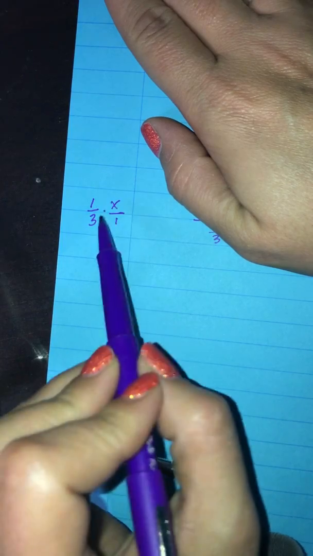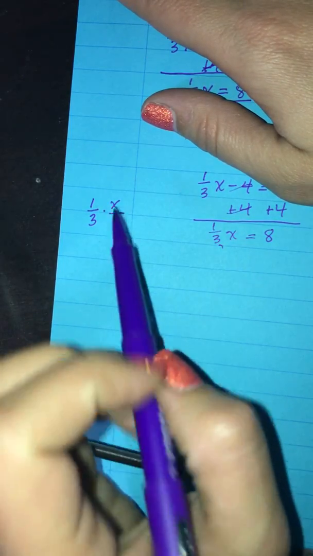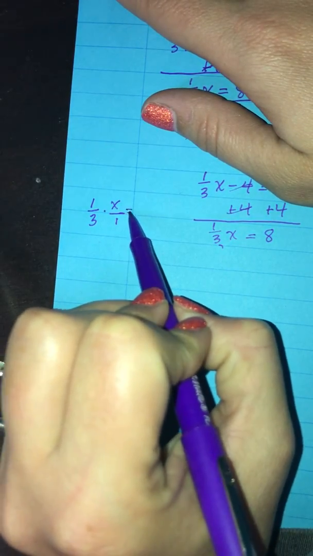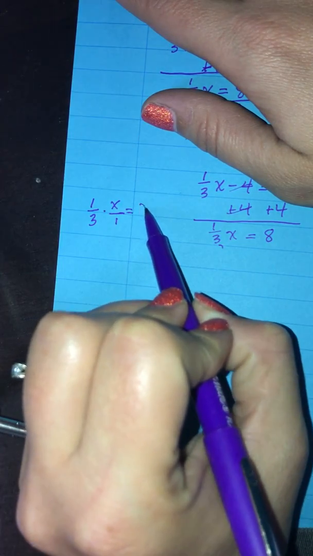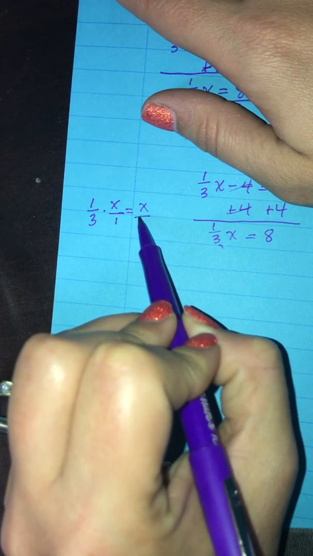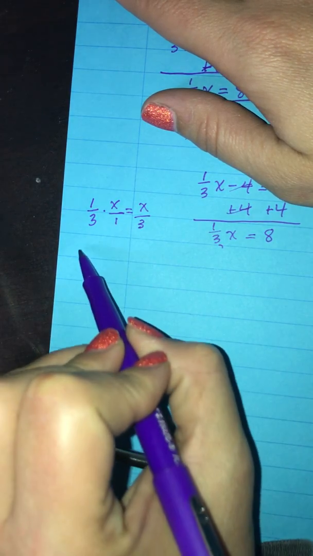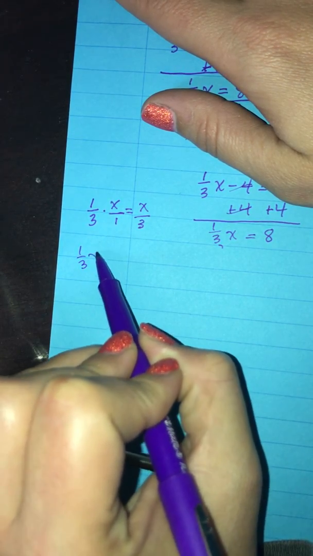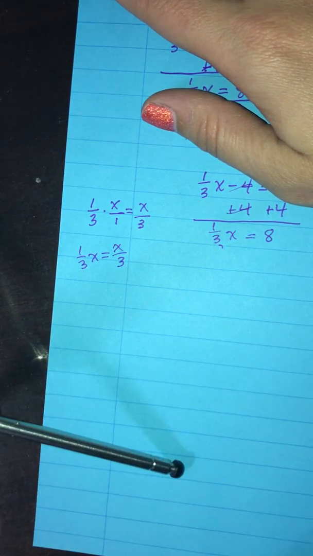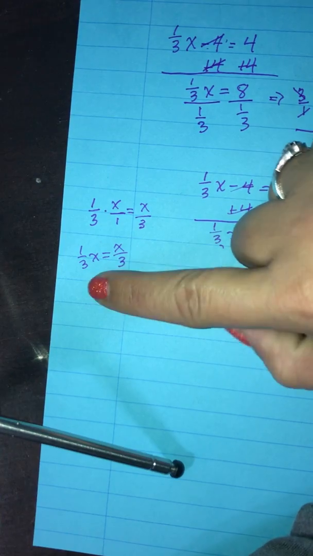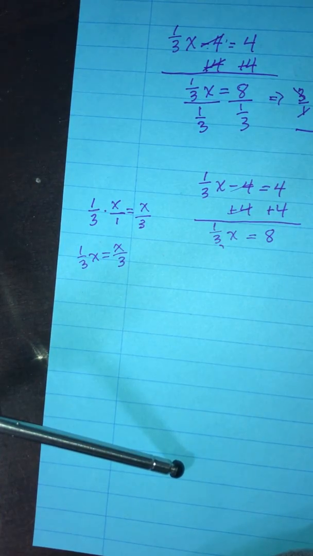If we think of it this way, we multiply across, which is 1 times x, which is just x, and 3 times 1, which is just 3. So 1/3 times x is the exact same thing as x over 3. Those are two equivalent expressions.